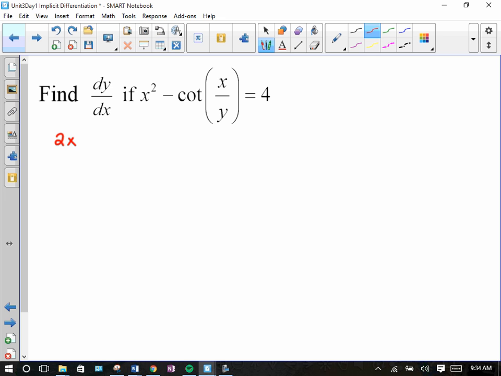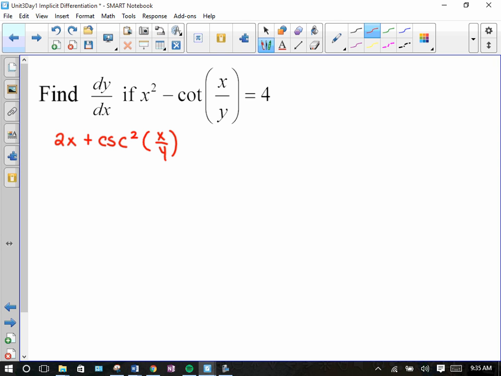So we know what the derivative of cotangent is: negative cosecant squared. So it's going to be minus negative cosecant, so plus cosecant squared of x divided by y.